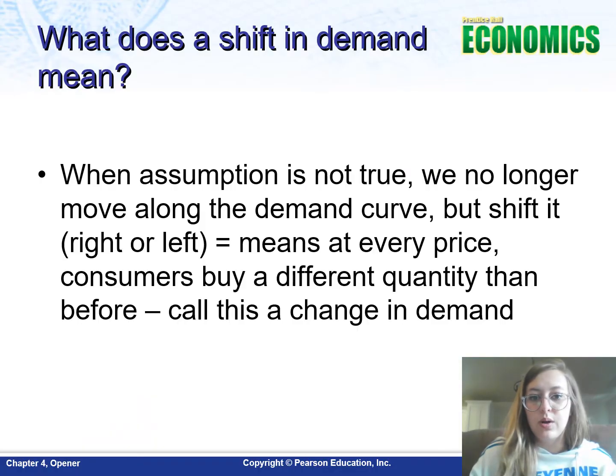So, what does that mean? When we are no longer just moving along the demand curve, but shifting it to the right or to the left, as I mentioned, that means at every price point, consumers buy a different quantity than they had before.